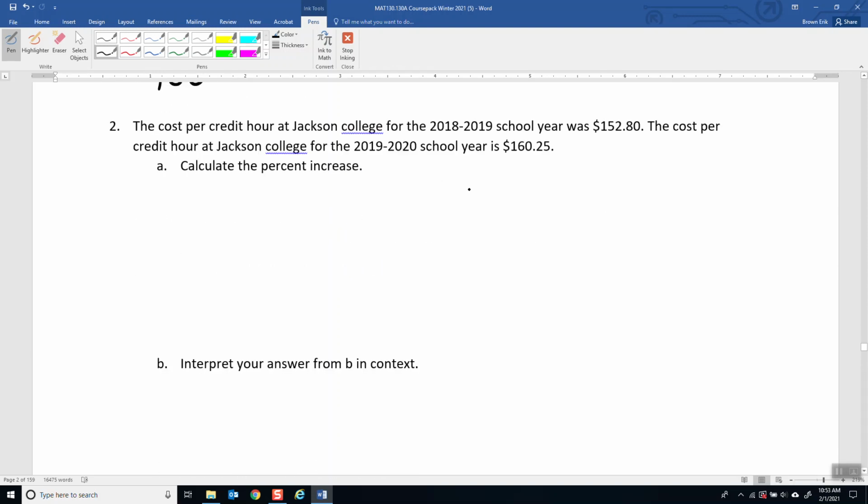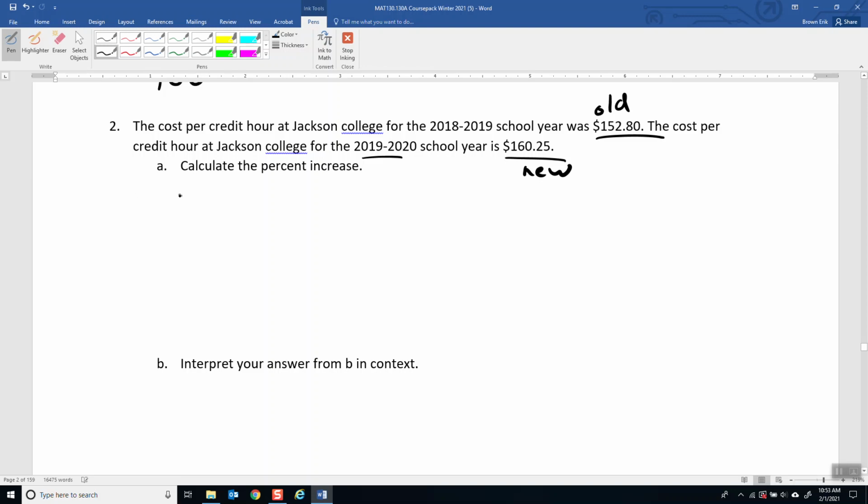All right, the second one, Jackson College had a cost of $152 per credit hour for the 2018-2019 school year. And then in the 2019-2020 school year, the new cost per hour was $160.25. So let's calculate the percent increase. Note that this is the old value we used. This is the new value.